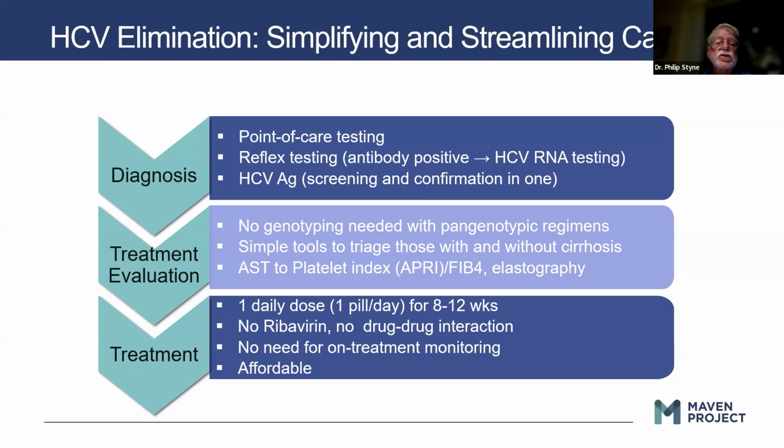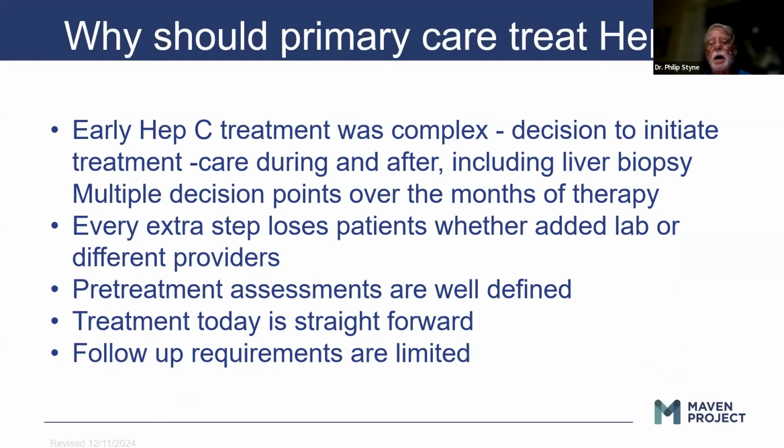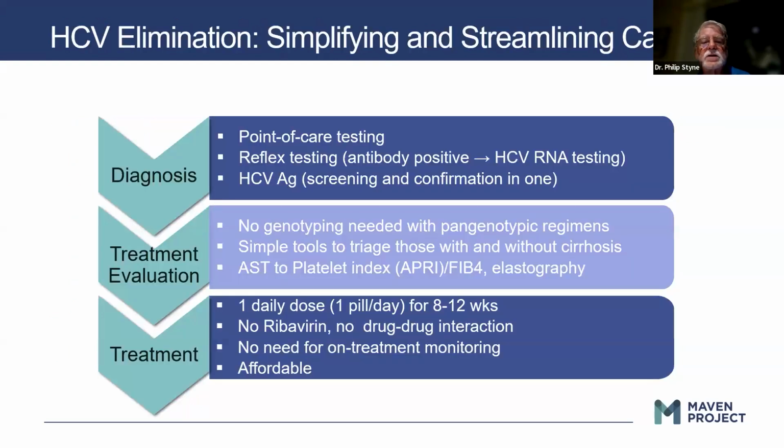The next line, simple tools to triage those with and without cirrhosis, using something called FIB4, which is a calculation that you can do, and if necessary, elastography, which is essentially a fancy ultrasound to try to decide if people have significant fibrosis.